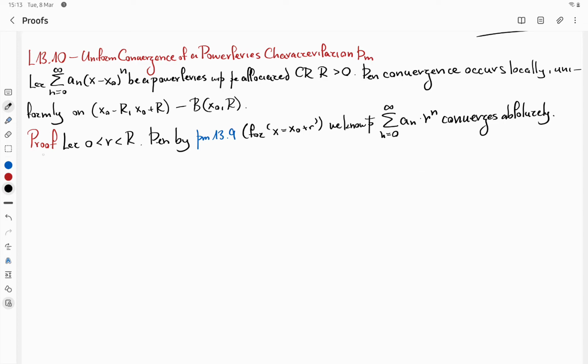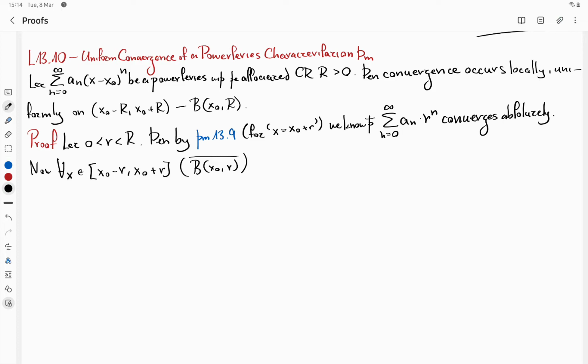Alright, now, for all x from the interval, it's a closed interval, which is important, x0 minus r and x0 plus r, or the closed ball, like so.